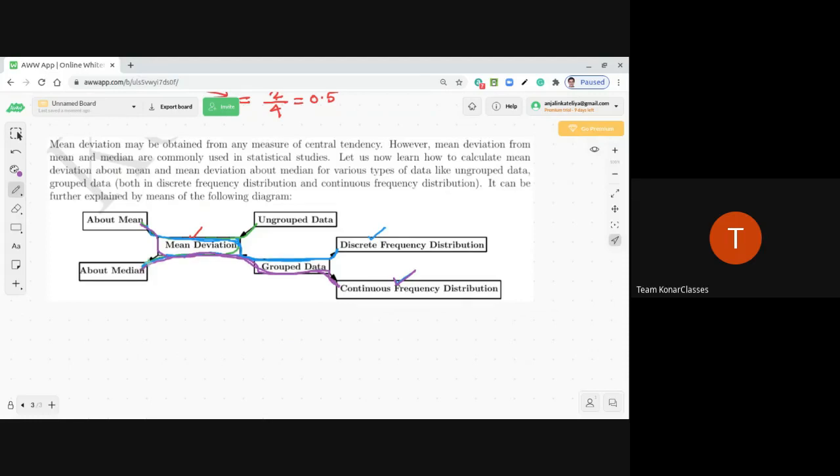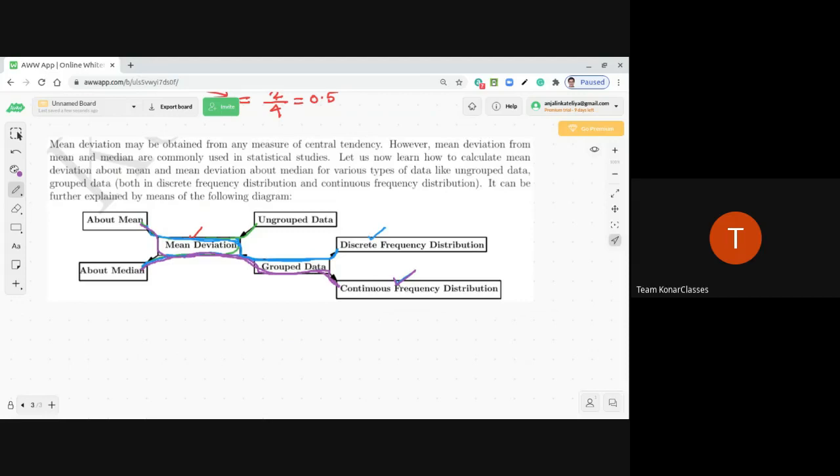So then what did we find? There are different ways of finding the mean deviation: ungrouped data mean deviation, and grouped data mean deviation. Mean deviation about what? Mean deviation about mean and mean deviation about median.